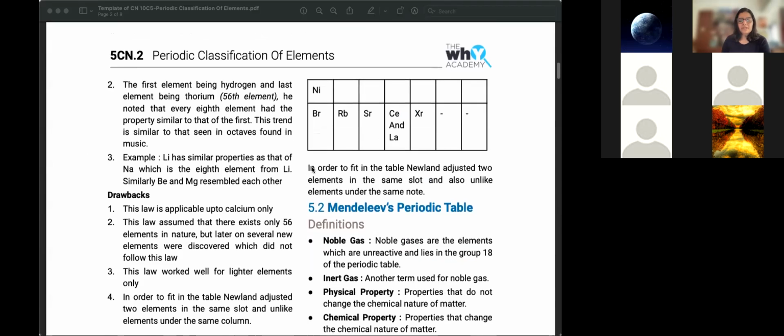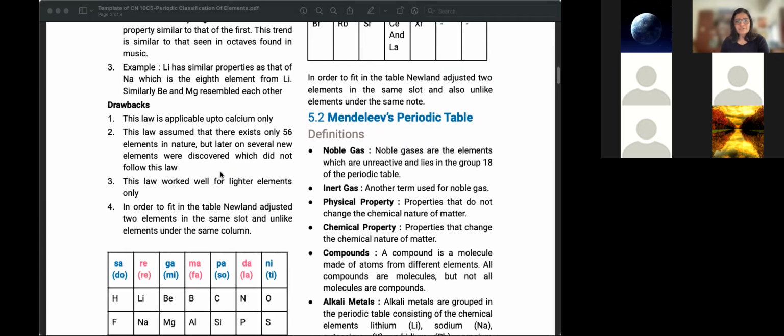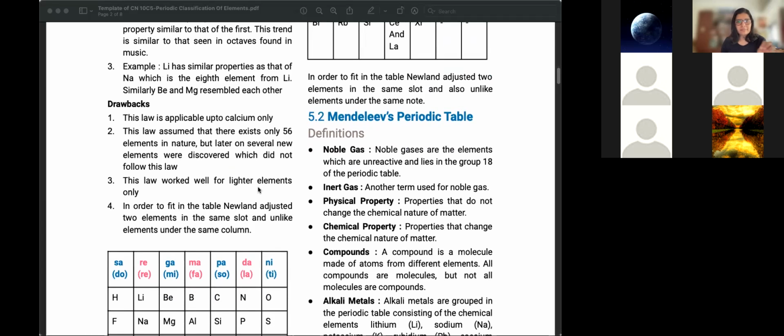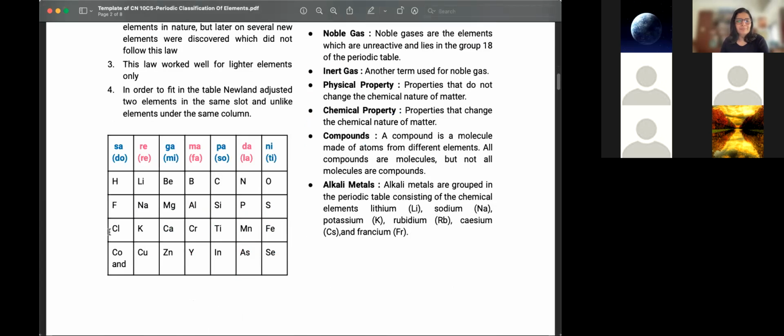Okay. But again, Newlands also faced a problem because he had to work with a very limited number of elements. A lot of elements were not discovered, which meant that some of them fit, some of them didn't fit. Like this is applicable up to calcium only. Beyond calcium, hydrogen, fluorine, chlorine are all non-metals.